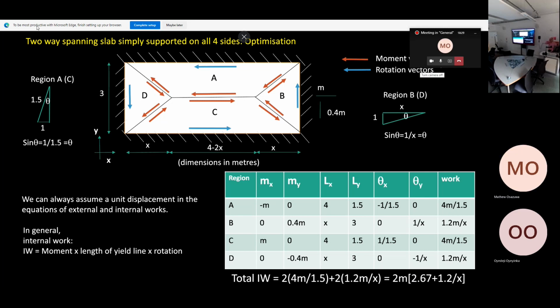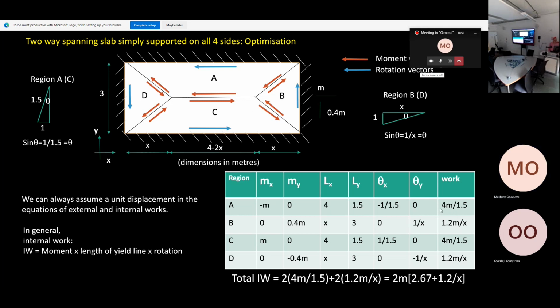Now we are going to work out the external work for this slab. How did you come about 2 times 4m all over 1.5? It's the internal work for each region.